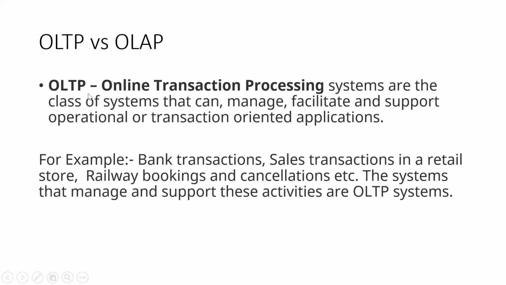OLTP means online transaction processing. Online transaction processing systems are the class of systems that can manage, facilitate, and support operational or transactional data. So OLTP is nothing but the source systems. Just like in India, the railway reservation systems. We go to the ticket counter and book our ticket there. Their systems have a mainframe, the black window over there.